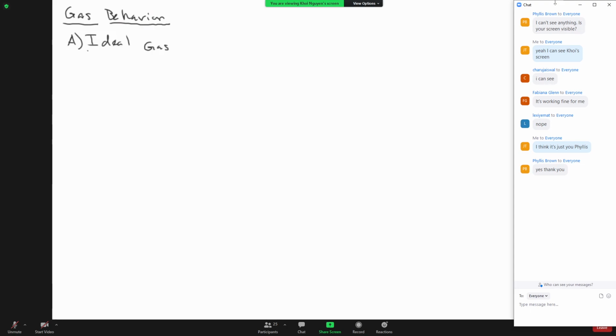For ideal gases, we make a bunch of assumptions. The first is that the particles have no space or occupy no volume. No space means no volume. So that means everything is a point mass.